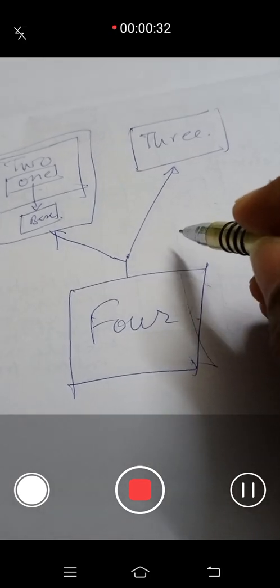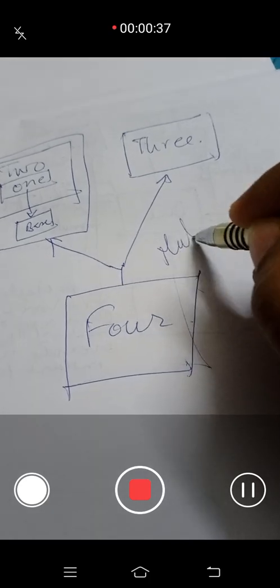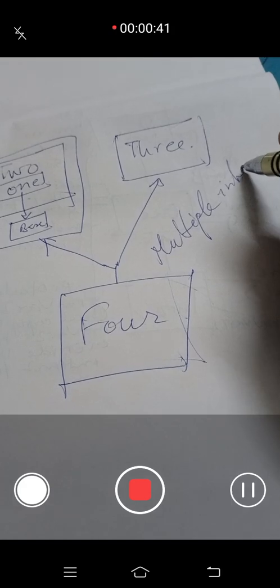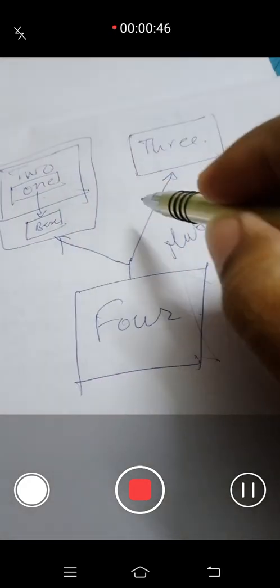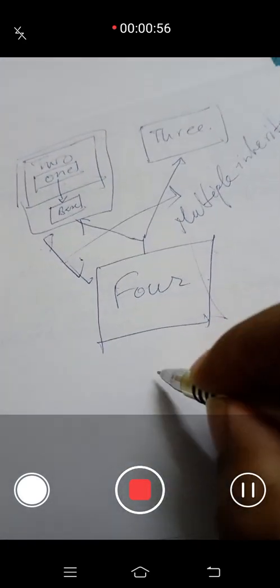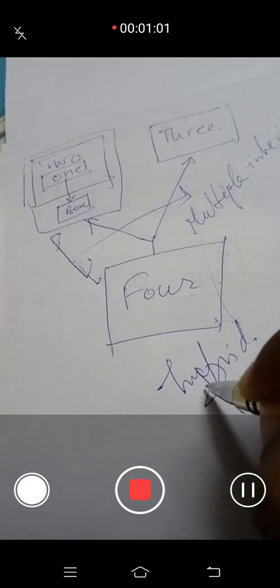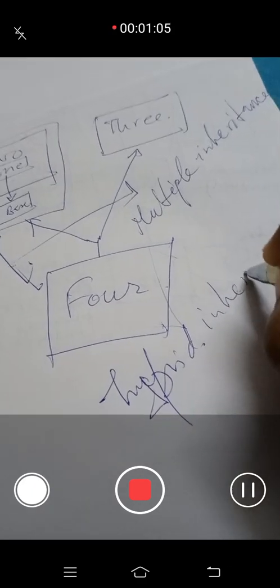Okay, this is called multiple inheritance. And also, because this side is involved and this side is also involved, this is also called hybrid inheritance.